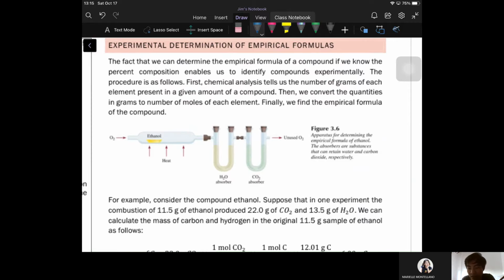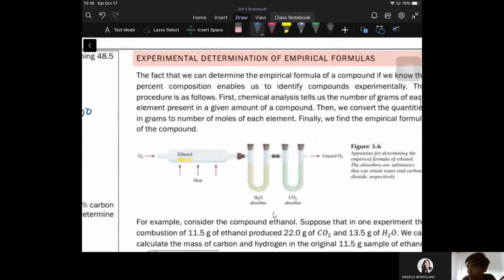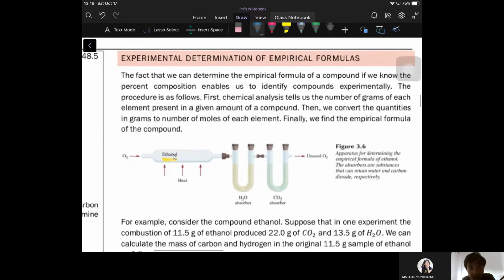So how is it done here? For example, you have your compound here. Usually this applies to CHO compounds, carbon, hydrogen, oxygen containing compounds. You have your organic compound here, for example, ethanol.